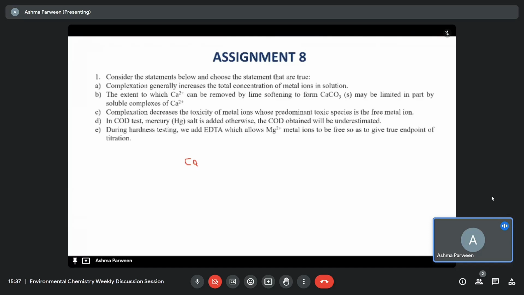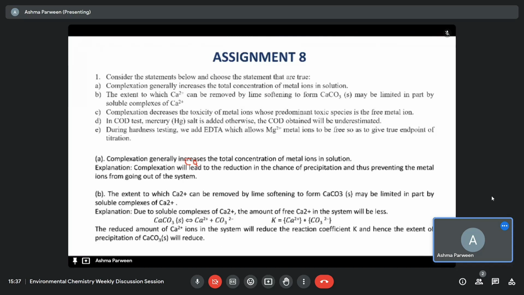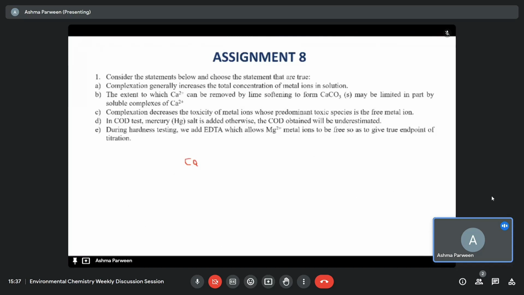So we were discussing option B, that the extent to which calcium can be removed by lime softening to form calcium carbonate may be limited in part by soluble complexes of calcium. So it is true. Let's see what happens. Calcium plus carbonate will give us CaCO3, and the equilibrium constant K for this will be the activity of Ca2+.